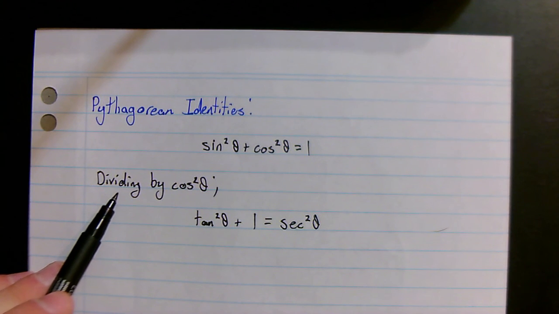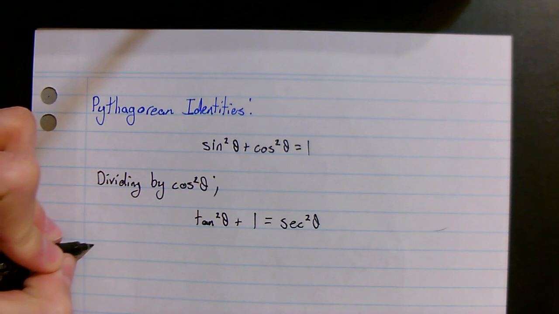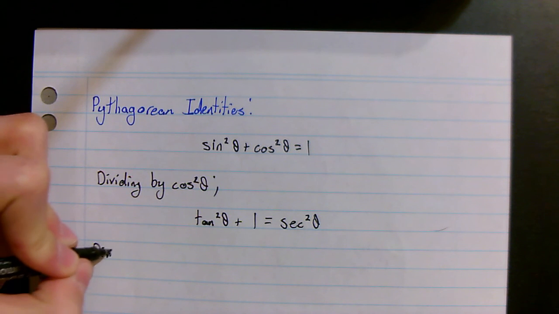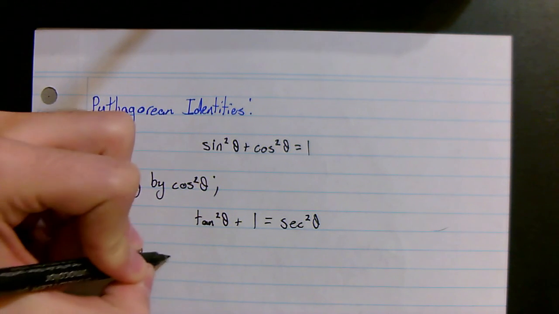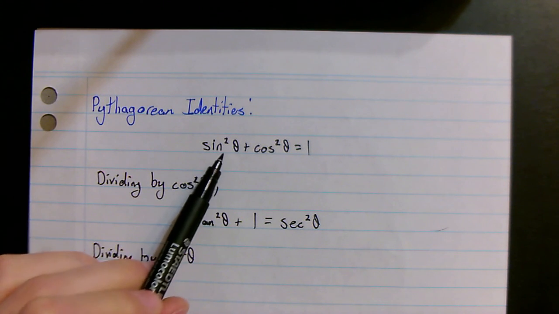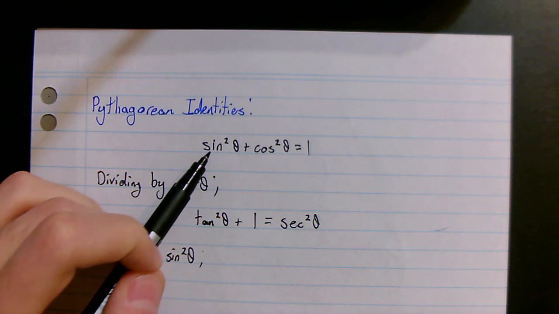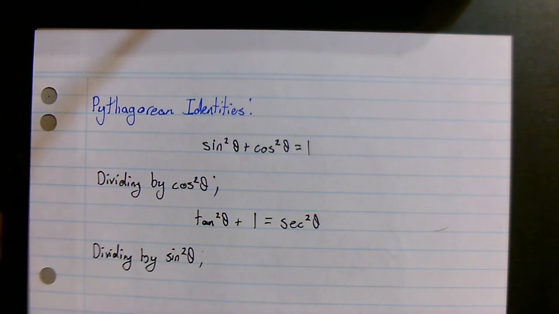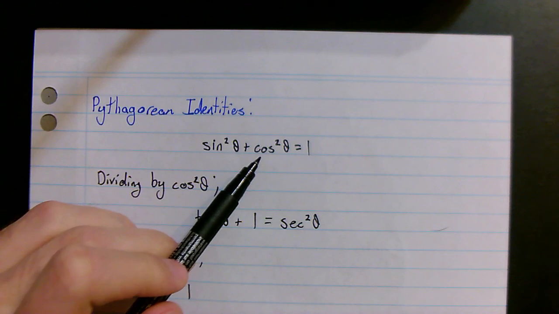Alternatively, we can come up with another Pythagorean identity, and it's if we are dividing by, instead of cos squared theta, now this time we want to divide by sine squared theta. So we're dividing this equation up here by sine squared theta. And, well, what's sine squared theta divided by sine squared theta? That should be 1. What's cos squared theta divided by sine squared theta?